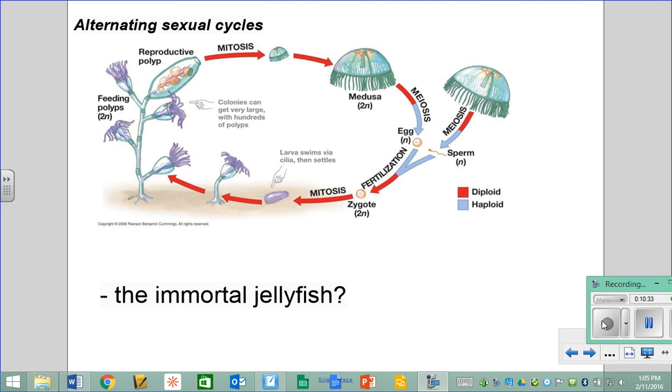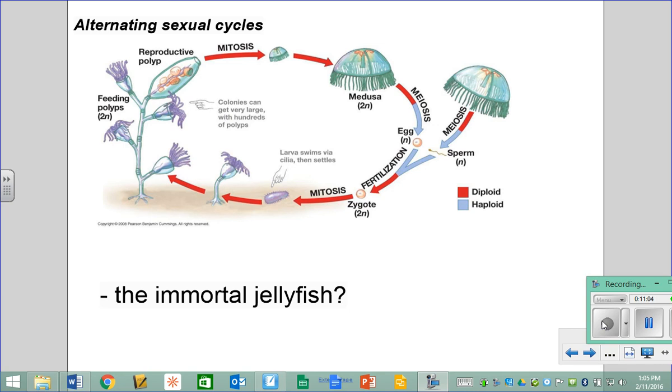Now, frequently when we talk about alternating sexual cycles, alternating generations, we're talking about plants. But this is an example of the same type of thing happening in an animal. So this example is showing you for a jellyfish, which I think is the best example of this, how at some points in its life it would be diploid, at some points in its life it would be haploid.